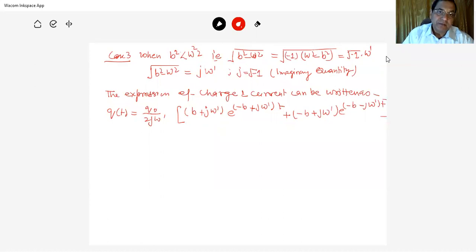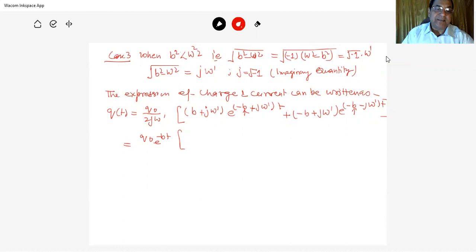So we take the constant common, that is Q0 e raised to the power minus BT. Here it is minus BT and here it is minus BT, so we take it common.